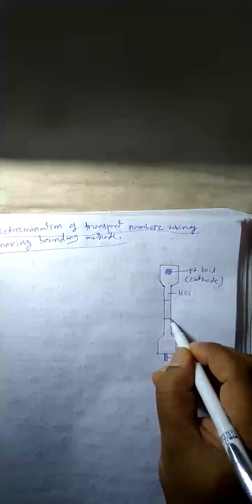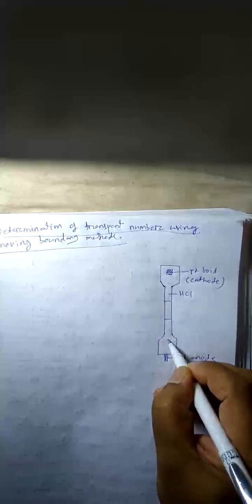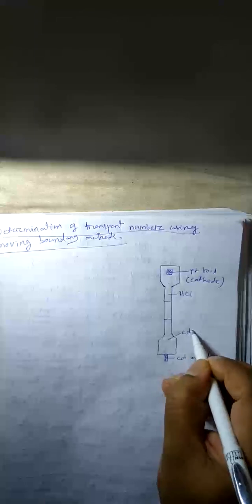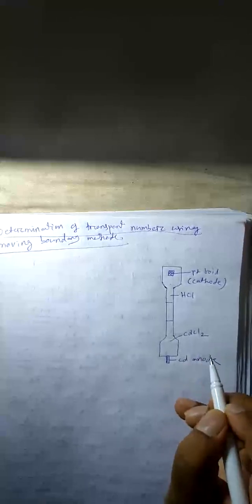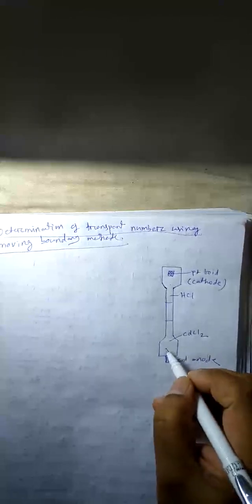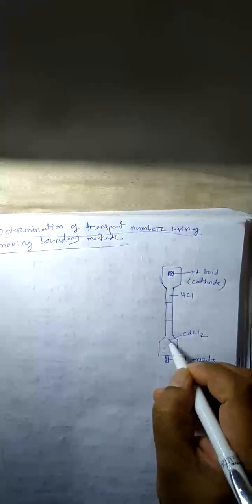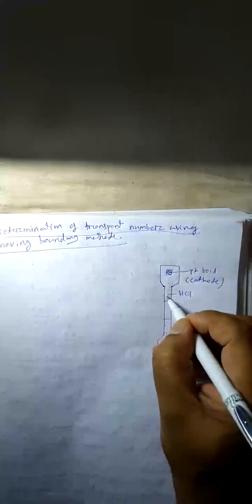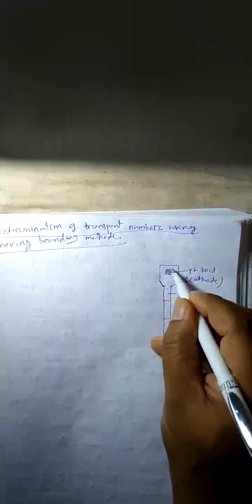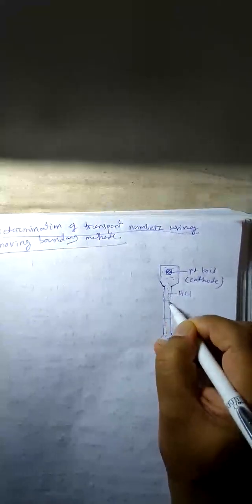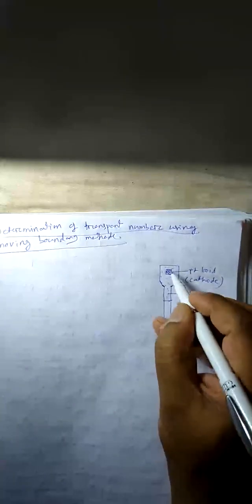The bottom portion contains cadmium chloride, CdCl2, which is at the anode, and the upper portion is hydrochloric acid, made as the cathode.